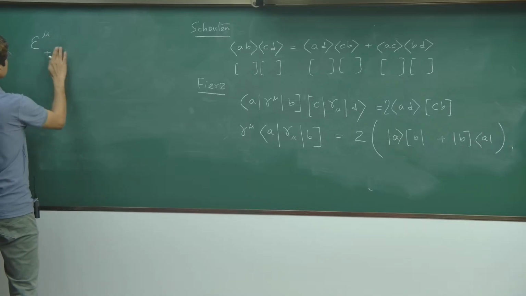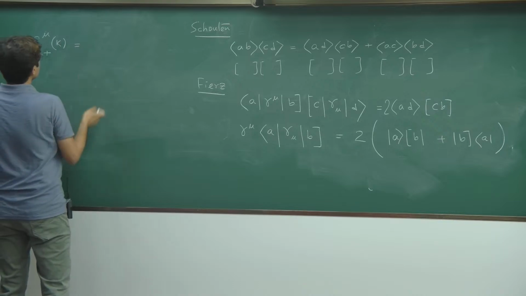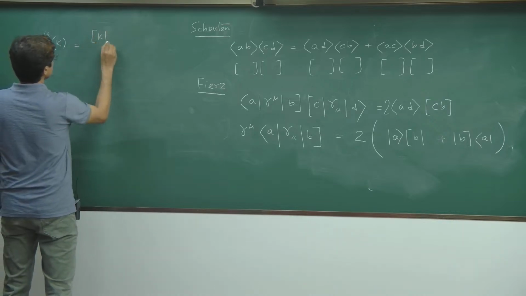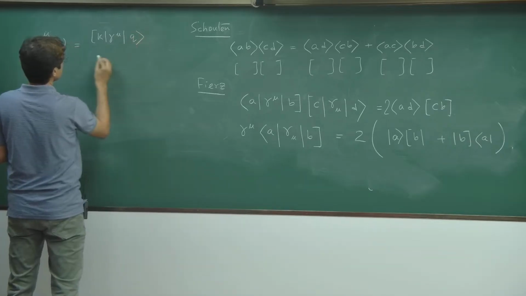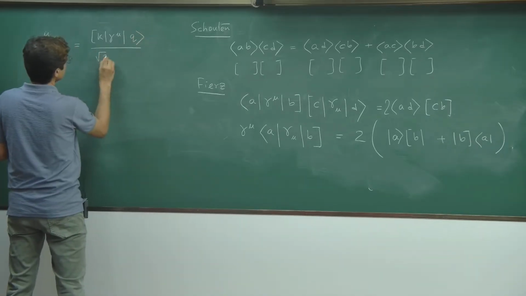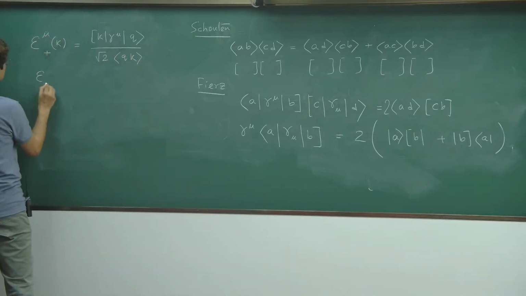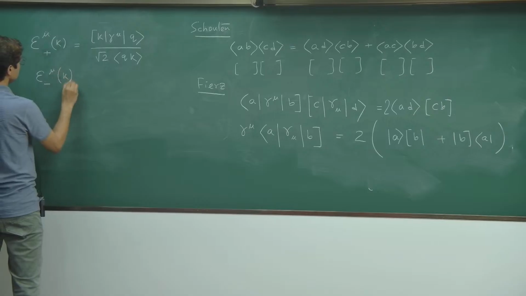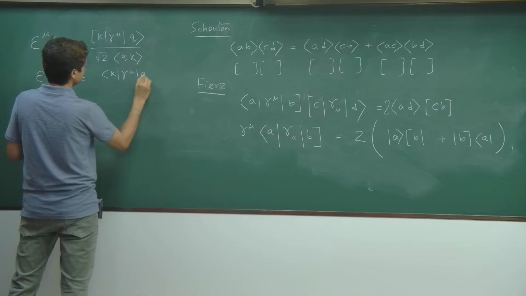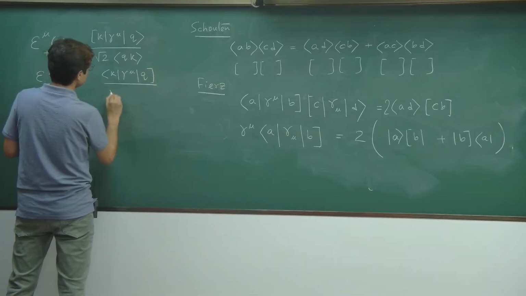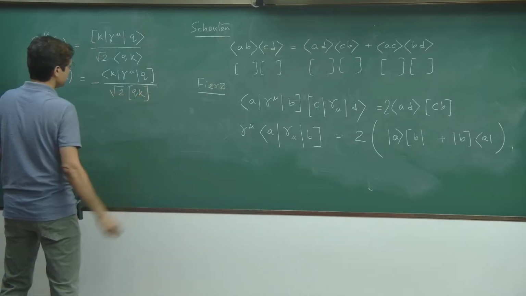Suppose this is the polarization vector with momentum k, then this is k gamma mu q divided by root 2 qk. Epsilon mu k minus is k gamma mu q divided by root 2 qk with a minus sign.